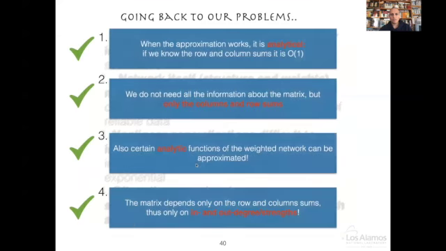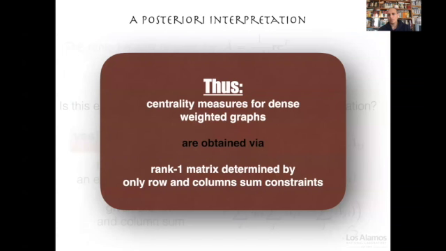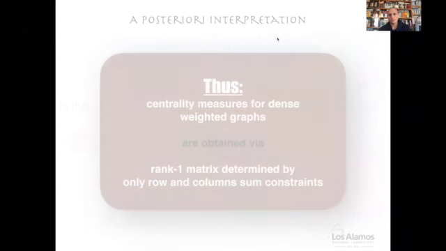So in this sense, all the problems that I described before are partially explained by the formula that I just described. The conclusion is then that centrality measures for dense weighted graphs are very well approximated by certain matrices that are rank one and that are determined only by column and row sums.